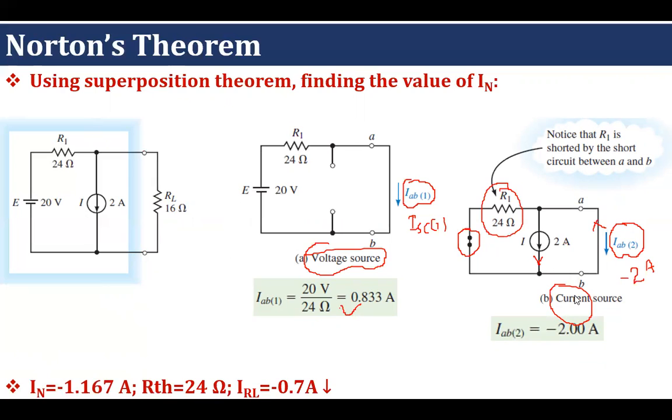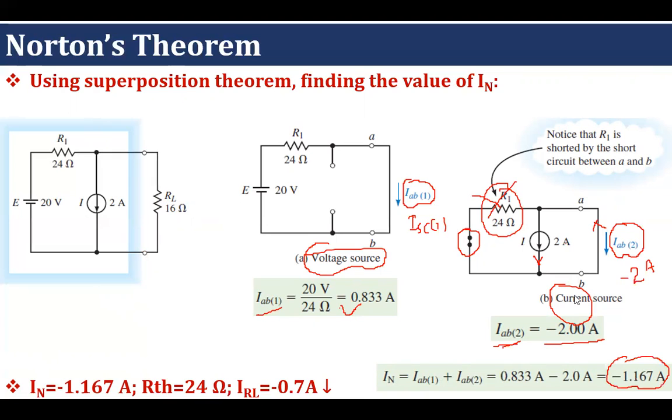There will be no role of this resistance R1, because it has been short circuited by this wire which is connected between A and B. So how much will be the net current? The algebraic summation of IAB1 and IAB2, and the answer will be equal to minus 1.167 ampere.